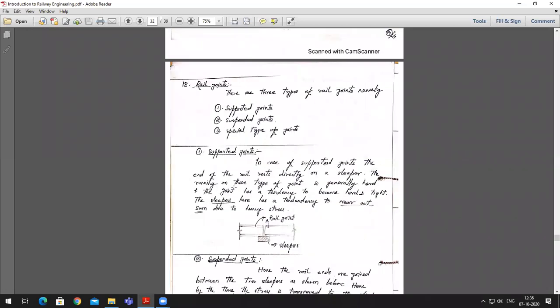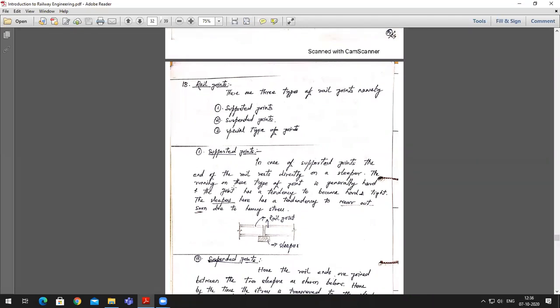Now let's move on to the next part, which is regarding rail joints. Rail joints are basically of three types which engineers have classified.